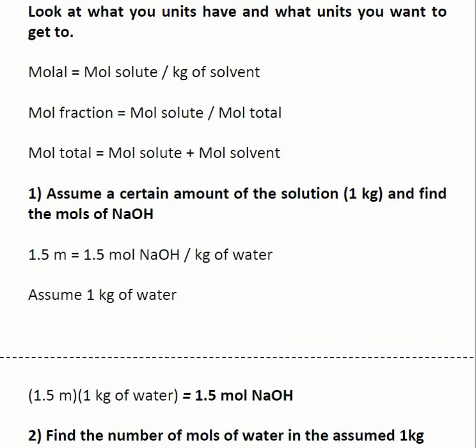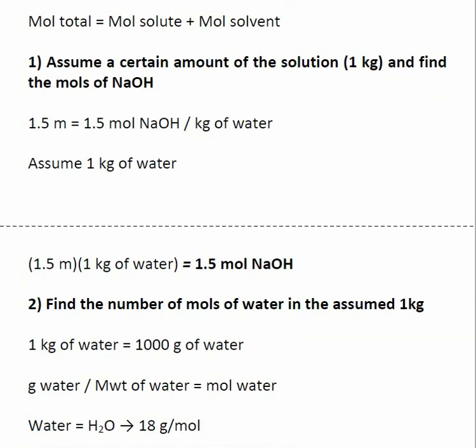So now that we're formally going to start solving this problem, what I like to do is assume that I have one of whatever my bottom unit is in my starting concentration unit. So we have 1.5 molal in the beginning. That's like saying I have 1.5 moles of NaOH per kilogram of water.